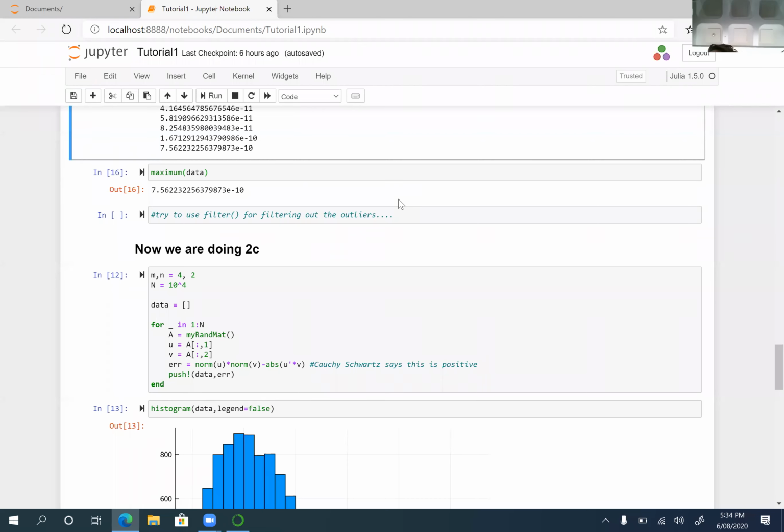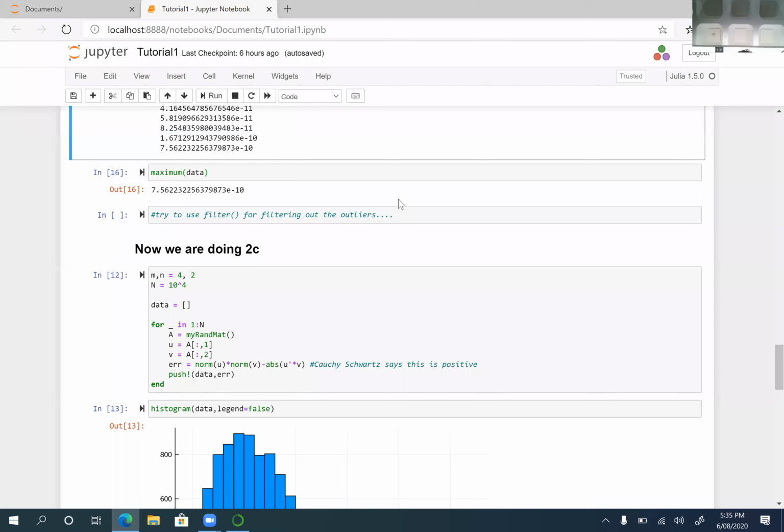Okay, so in particular, what we're doing is we're generating a 4x2 matrix. Uppercase N is again 10 to the 4th, and so we're iterating through those, 1 to 10 to the 4th. Okay, so we make a random matrix that is 4x2, and then U is equal to A[:, 1] with square brackets.